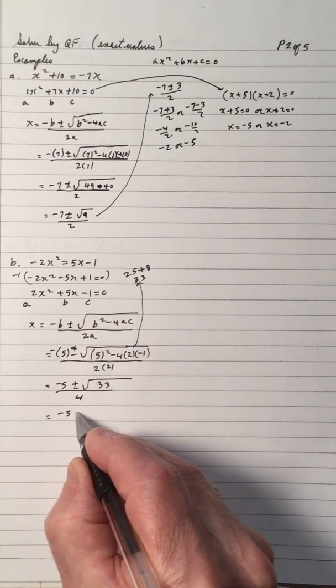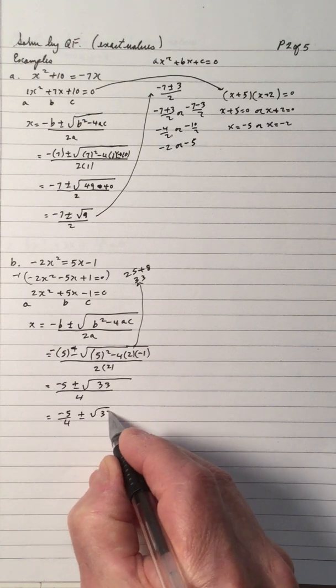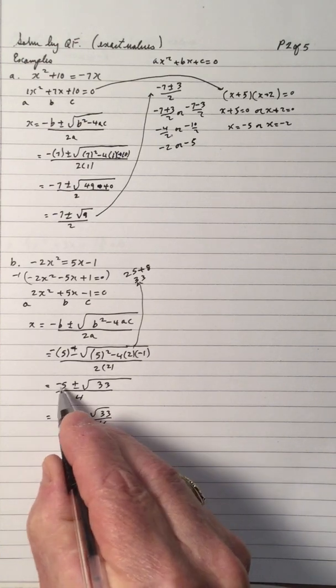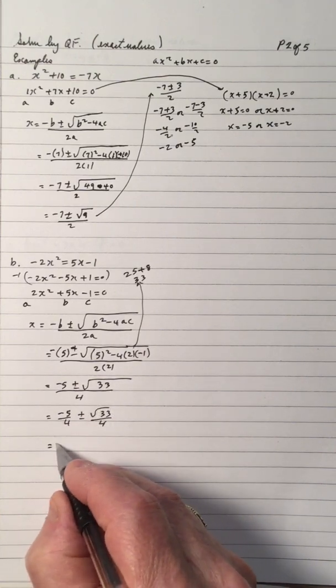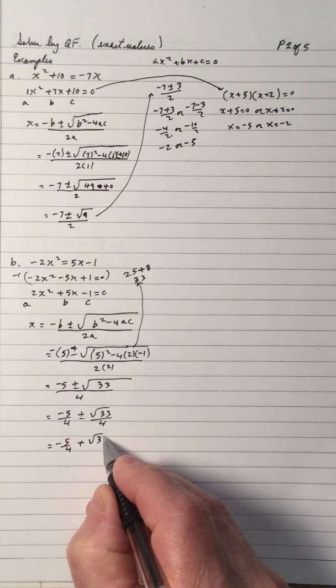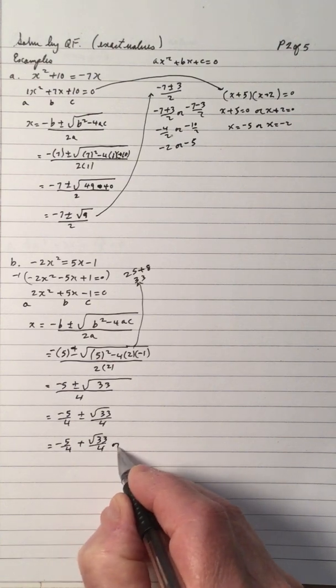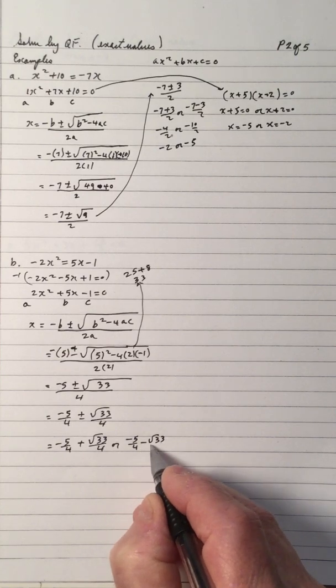So that's negative 5 over 4 plus or minus the root of 33 over 4. Because negative 5 and 33 are not like terms, we can't add them. So it's negative 5 over 4 plus root 33 over 4, or negative 5 over 4 minus the root of 33 over 4.